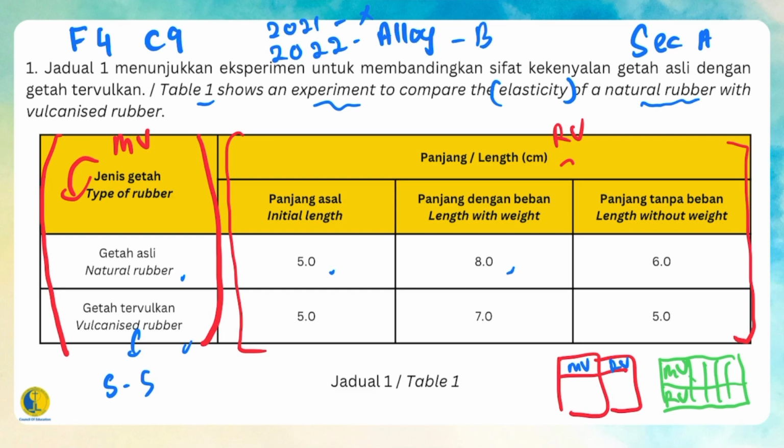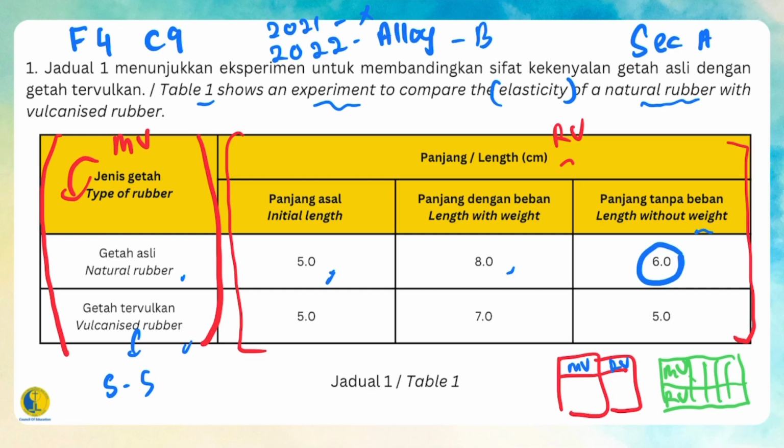It's quite long, it's quite elastic, but the length without weight, I mean when you remove the weight, the length of the rubber doesn't go back to the initial length, which is 5. This means the rubber doesn't have good elasticity. Once we stretch it, it cannot go back to its initial length.